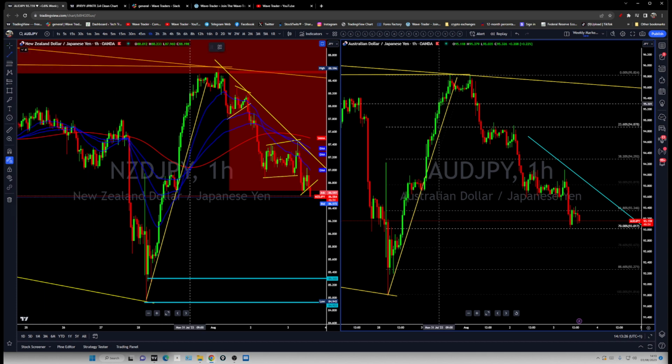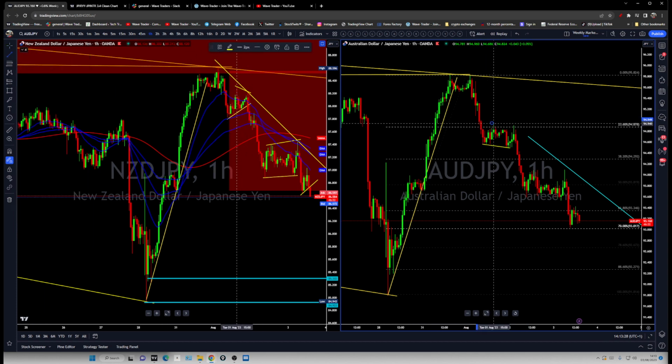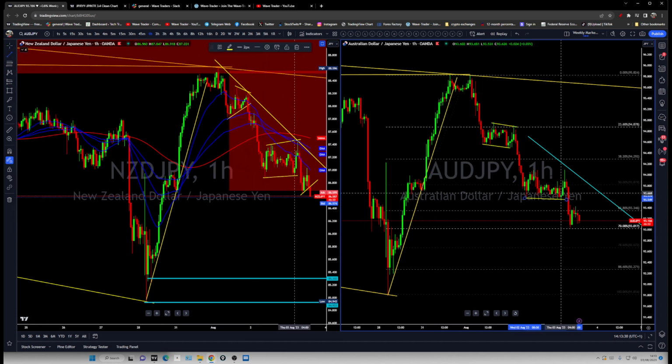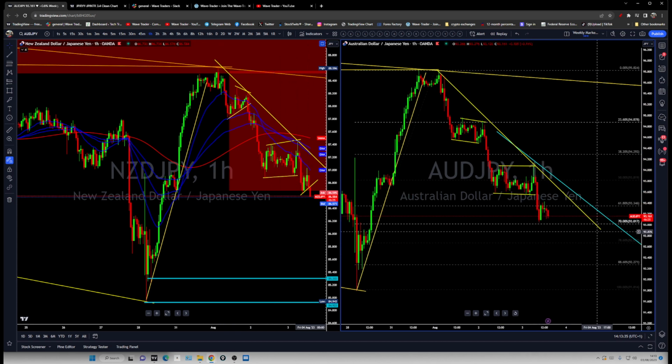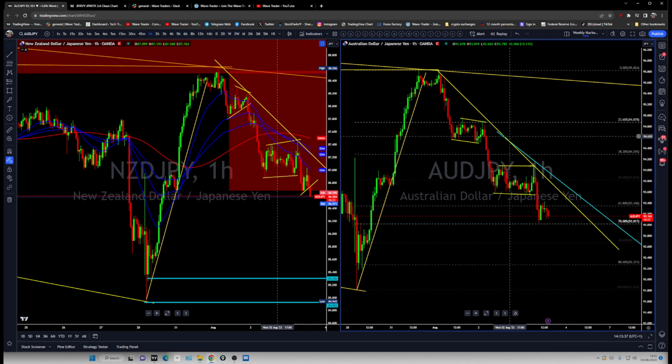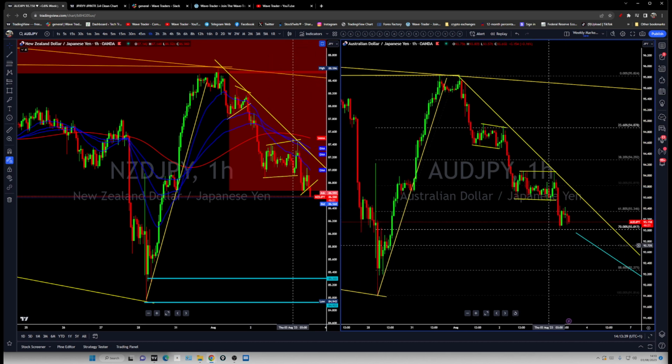The Fitch credit rating downgrade of the US, the BOJ, the big players, they knew that this news was going to come, and they started to build up their positions according to that news.